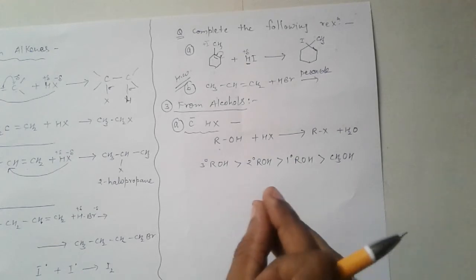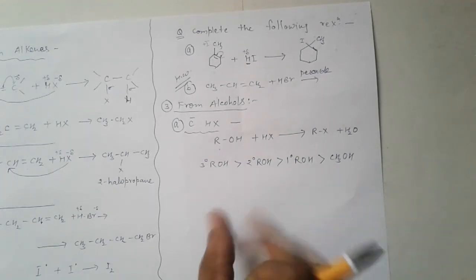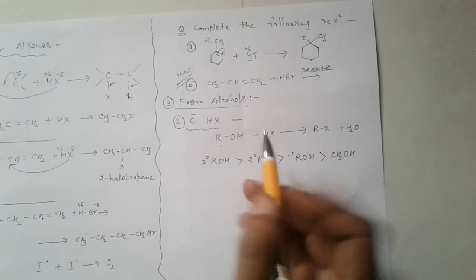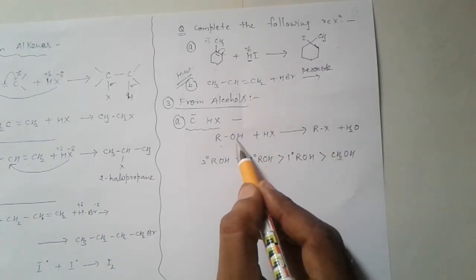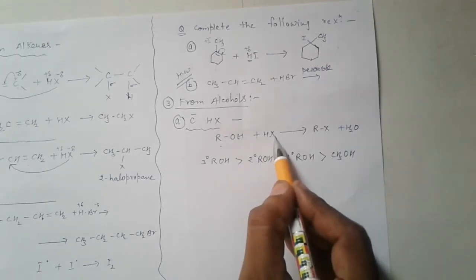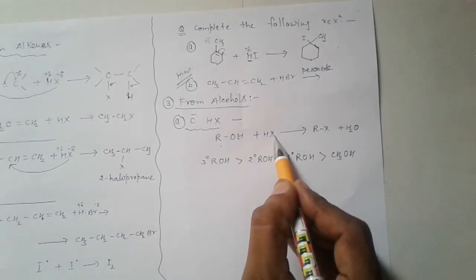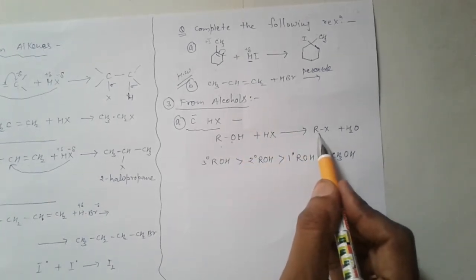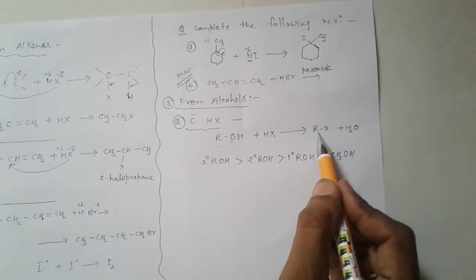HCl is reacted in presence of anhydrous ZnCl2, zinc chloride. In this reaction, OH group of alcohol is replaced by halogen atom. Then alcohols are converted into alkyl halide or haloalkane.